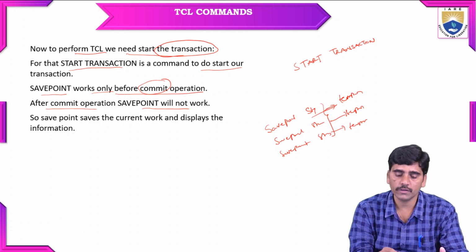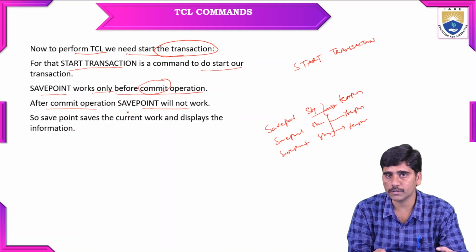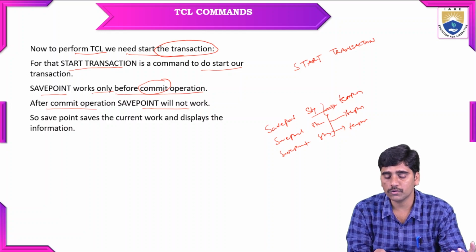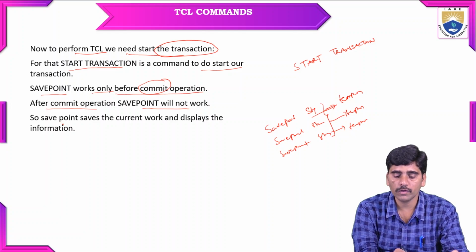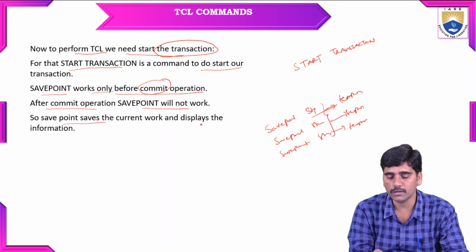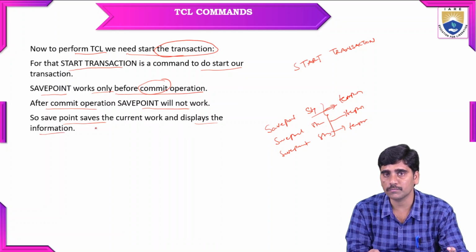That's why after the commit operation, savepoint will not work. If you want to roll back your data to particular savepoint stages, you need to do it before the commit operation. So savepoint saves your current work, meaning temporary storage, and displays that information also.